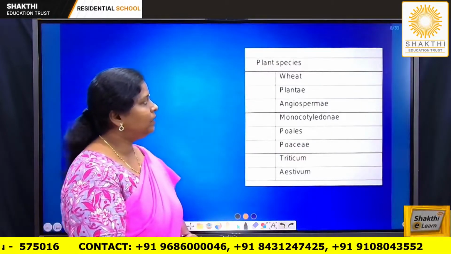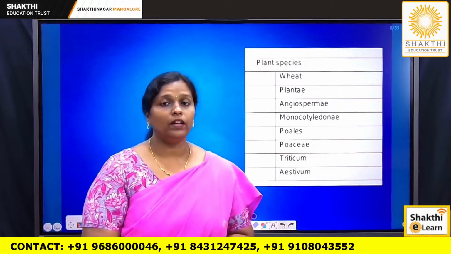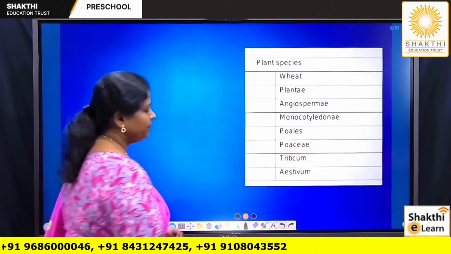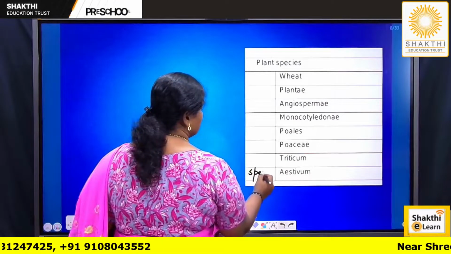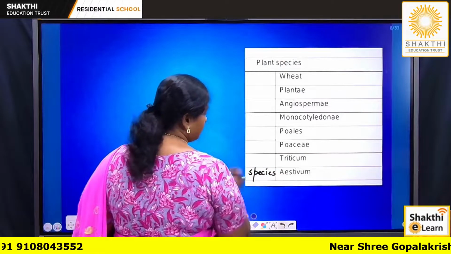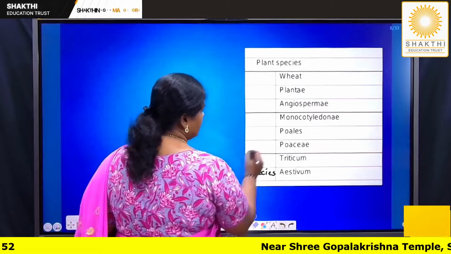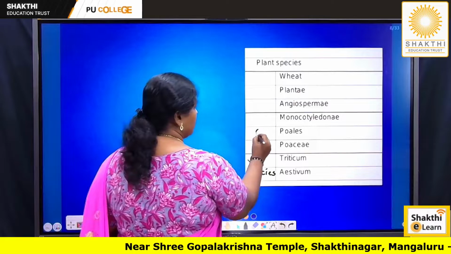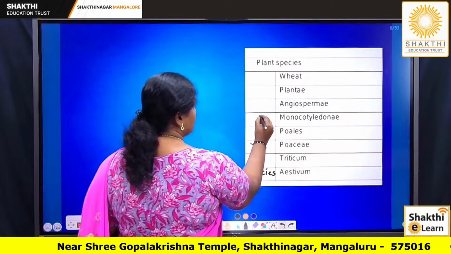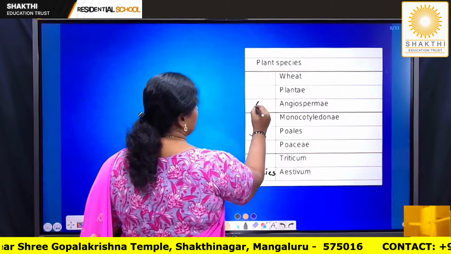One more example, what you need to know is taxonomic hierarchy of wheat. Let us see. Aestivum is representing the species name, Triticum is the genus, Poaceae is the family to which it belongs, Poales is the order, Monocotyledonae is the class, Angiospermae is the division.